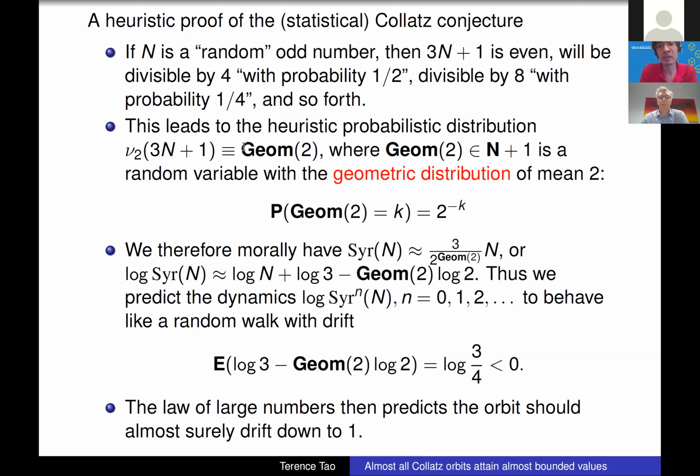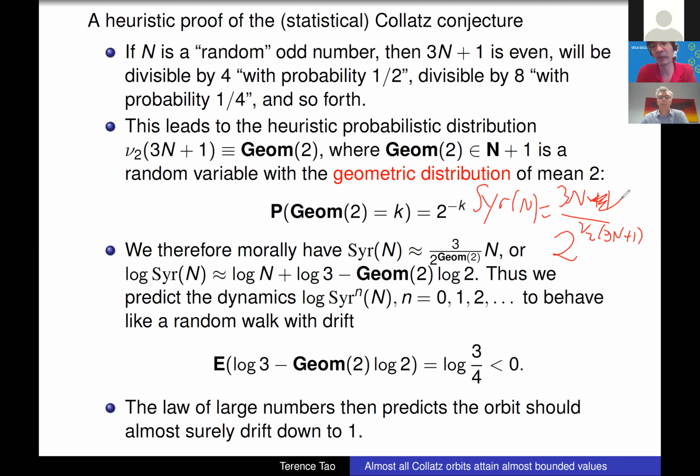Okay, so remember the Syracuse map is 3n plus 1 divided by 2 to this valuation. For n large, I'm just going to ignore this plus 1. And if we believe this valuation is like a geometric random variable, then every time you apply the Syracuse map, it's like multiplying by 3 and then dividing by 2 raised to a geometric random variable.